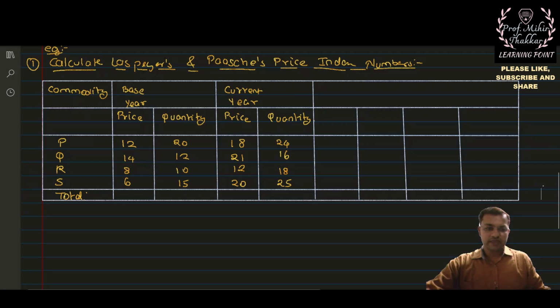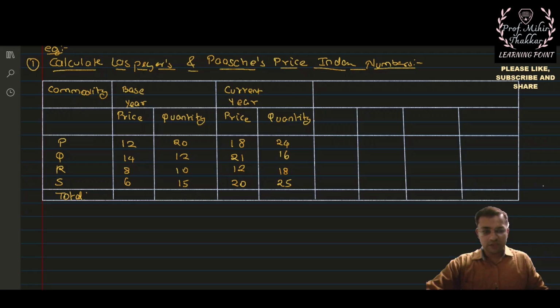It's a question right there in front of you, and it's asking you to calculate the Laspeyer's and the Paasche's index number. Now, if you observe the given information carefully, there are four commodities P, Q, R, and S. You are given the information about the price and the quantity of base year and the price and the quantity of the current year for these four commodities.